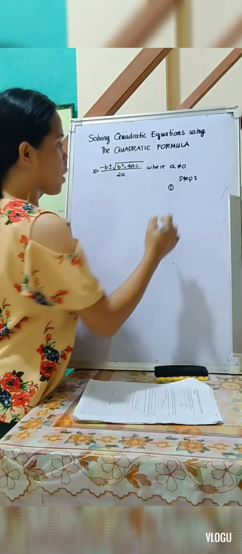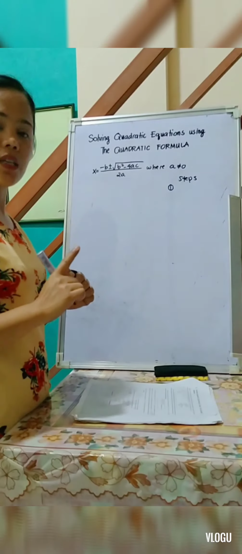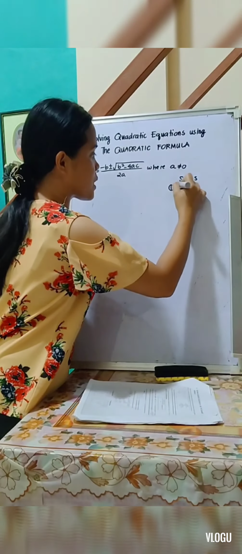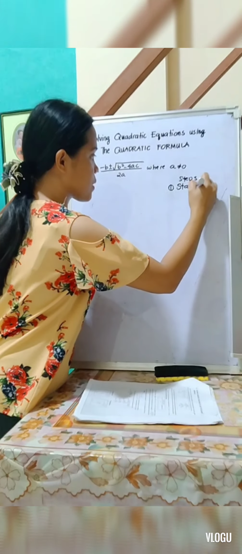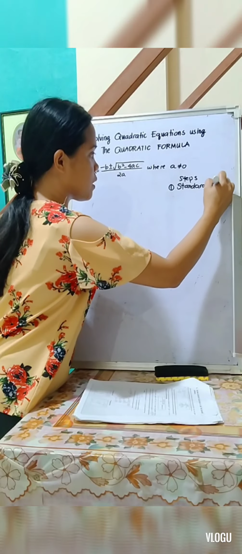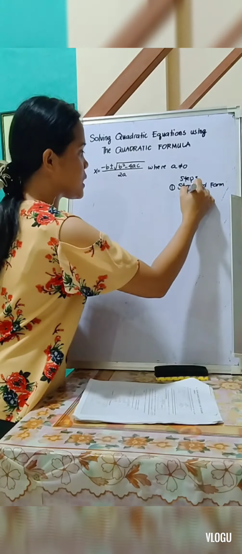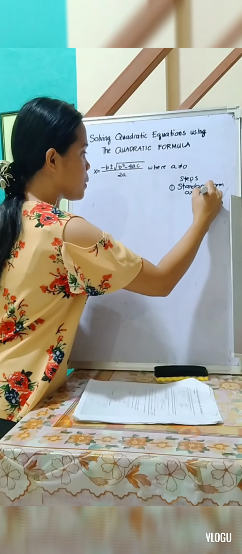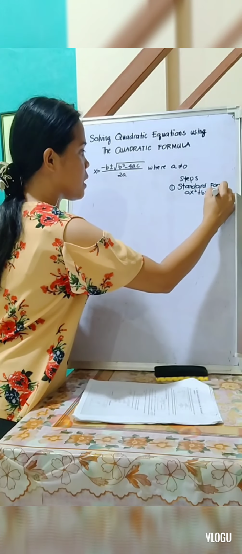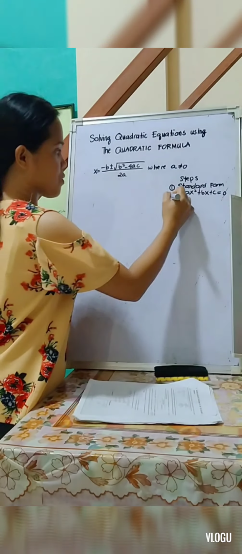So step number 1, you need to arrange your quadratic equation into its standard form. So that's step number 1. And to recall, the standard form of our quadratic equation is ax squared plus bx plus c equals 0. So very simple.